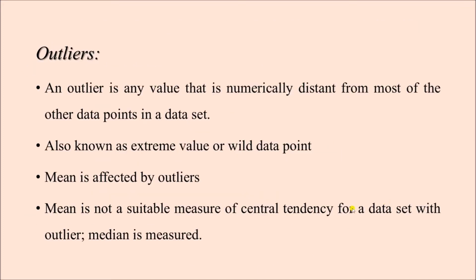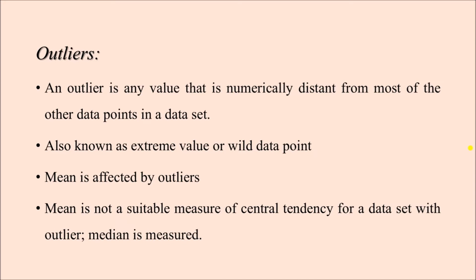Now what is an outlier? An outlier is any value that is numerically distant from most of the other data points in the data set. So when you get a data set where we have multiple observations, so multiple values, we shall see most of the values are very close to each other, but there may be a couple of values or few values there which are either very big or very small as compared to the other values.